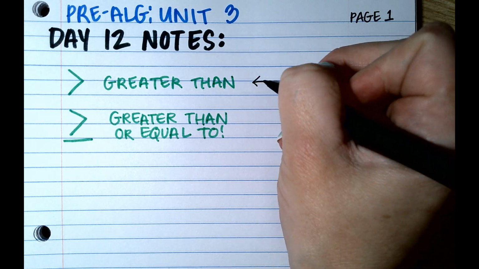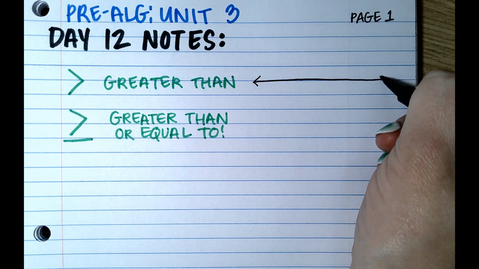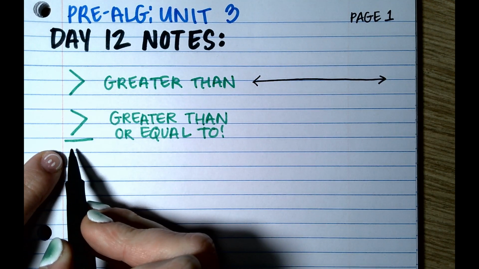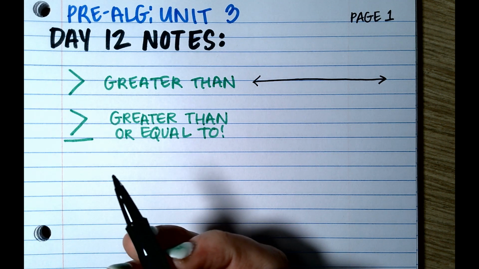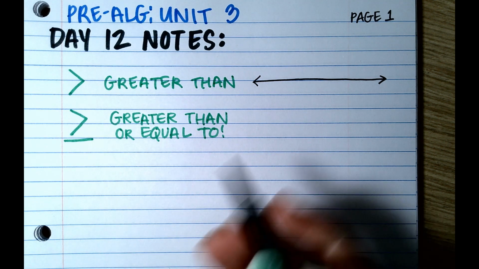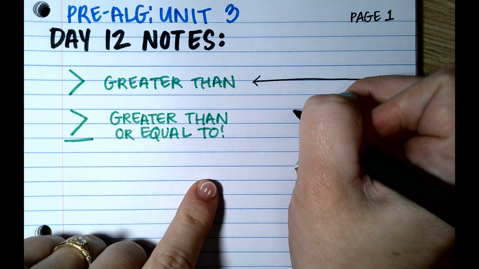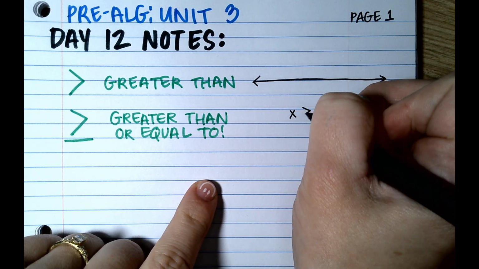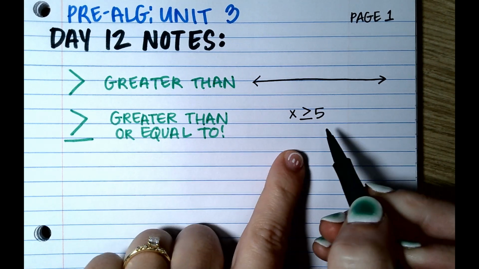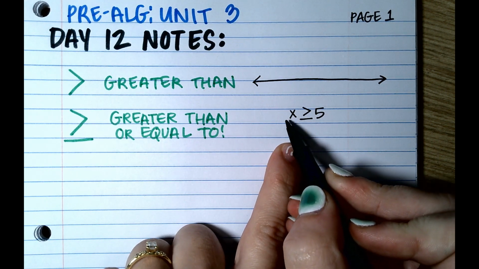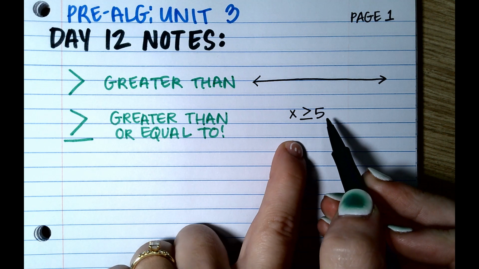You said with the equal sign on the bottom, that can be greater than, or it can be equal to. So it's saying, if x is greater than or equal to 5, that means x can be bigger than 5.